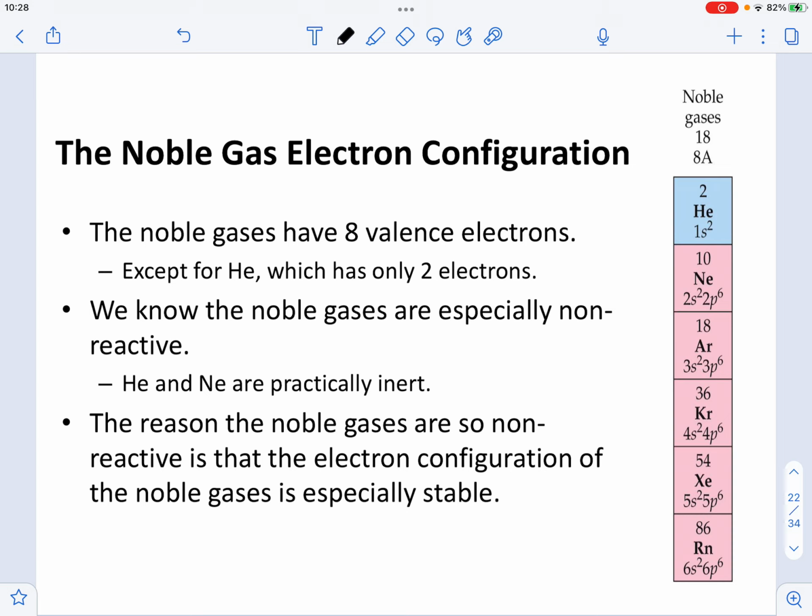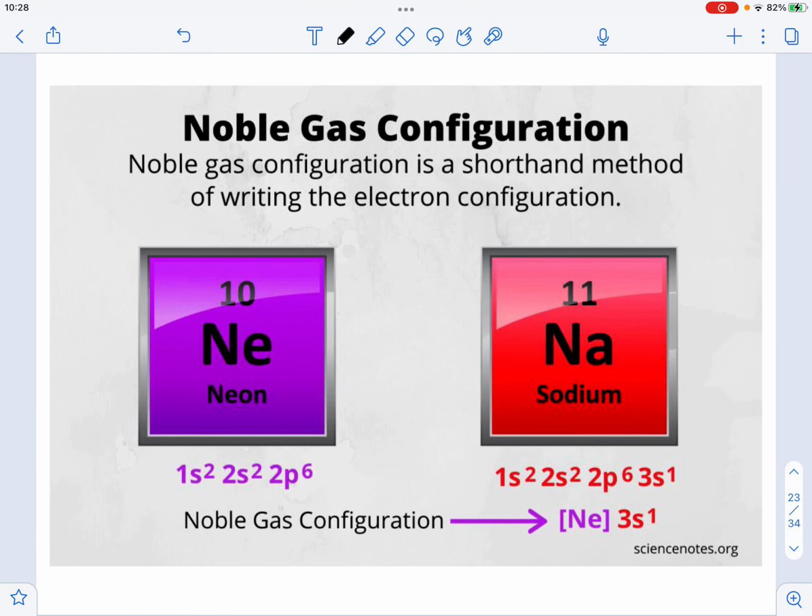So let's first discuss what a noble gas configuration is when it's written and derived from a full electron configuration.